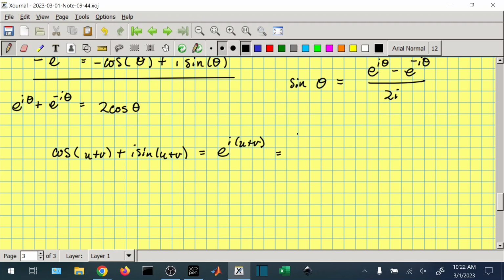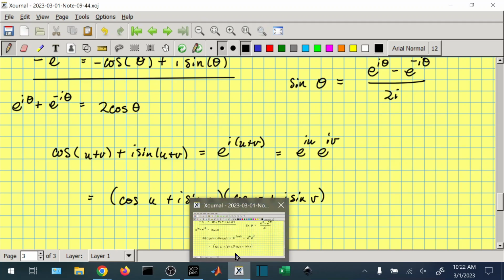But when we're adding exponents, what are we really doing? Multiplying, right? So we get e to the iu times e to the iv. Wait a minute. e to the iu is cosine u plus i sine u, and e to the iv is cosine v plus i sine v. And now we can just FOIL it, right?